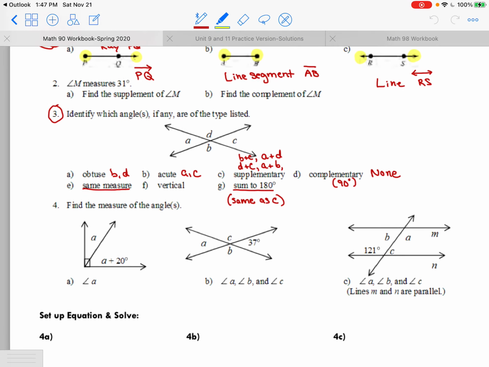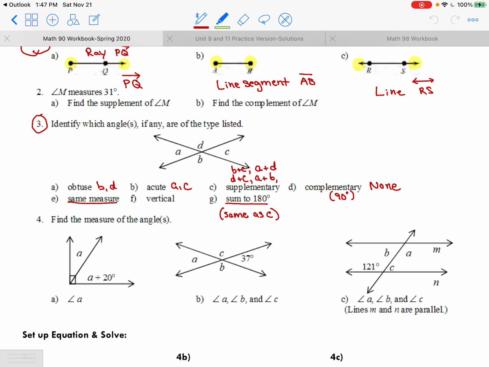So let's go back here. And we do have two intersecting lines, don't we? We have angle A and angle C across from each other. And we also have D and B that are across from each other, right? So we can list those.